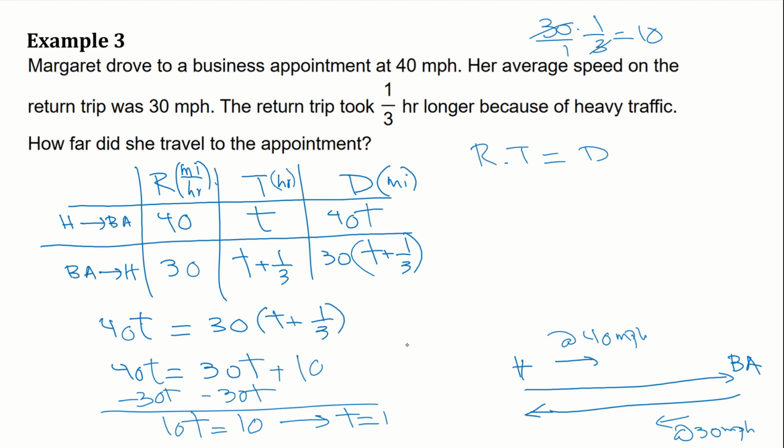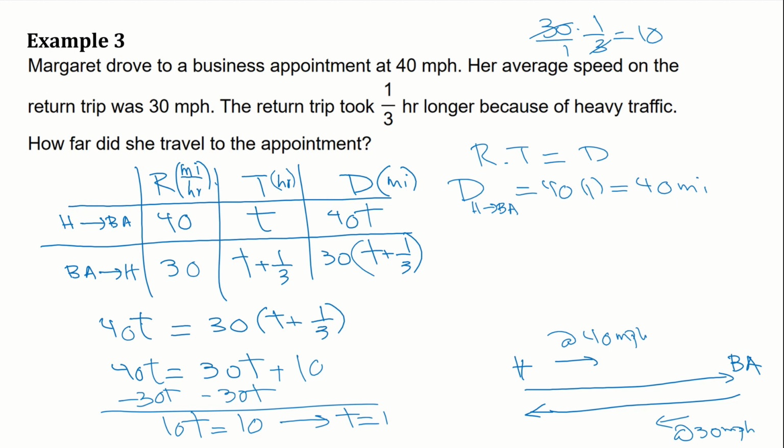So the distance from home to the appointment, which is actually what they asked for anyway, is just going to be 40 times 1, because it's 40t and t is 1. So it's going to be 40. Now, do give the final answer with the proper units. Of course, that's going to be in miles, okay?